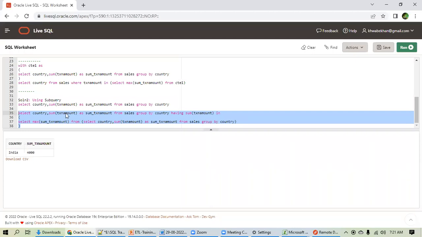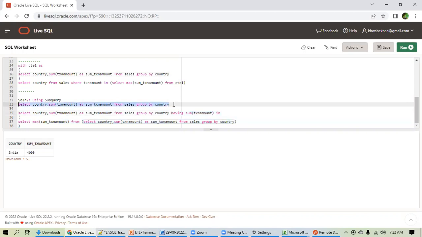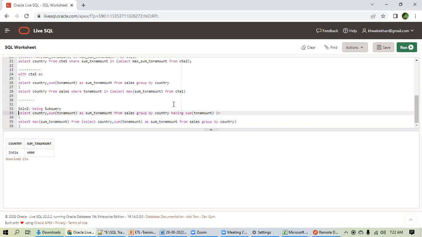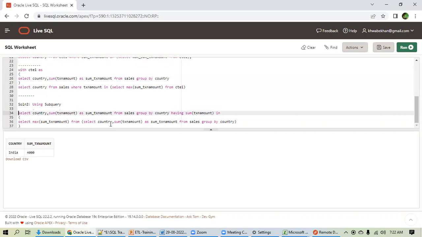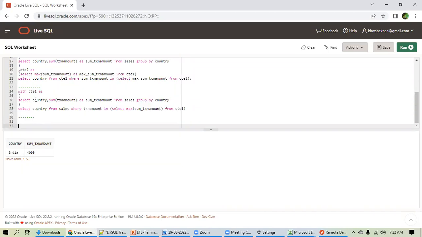Okay, I have written this query. Let me delete this one. I have written this query from line number 34 to 37. So I will explain what this query is, but you are getting the correct output.